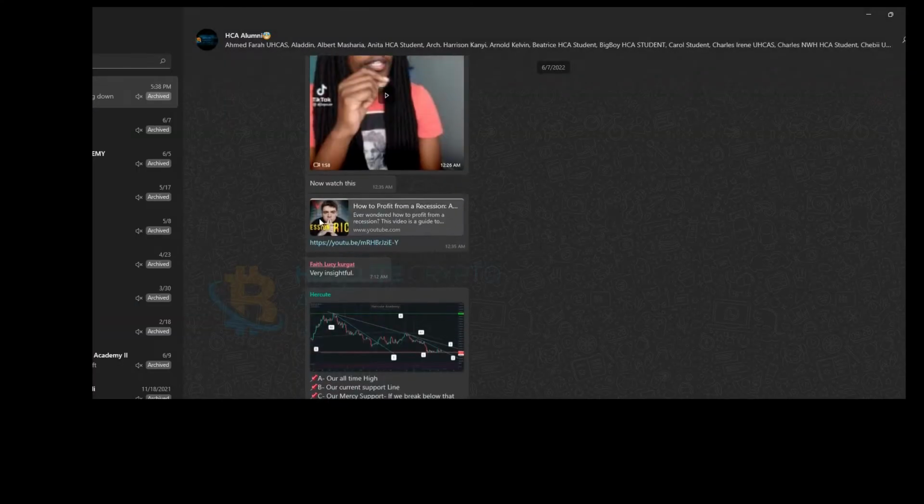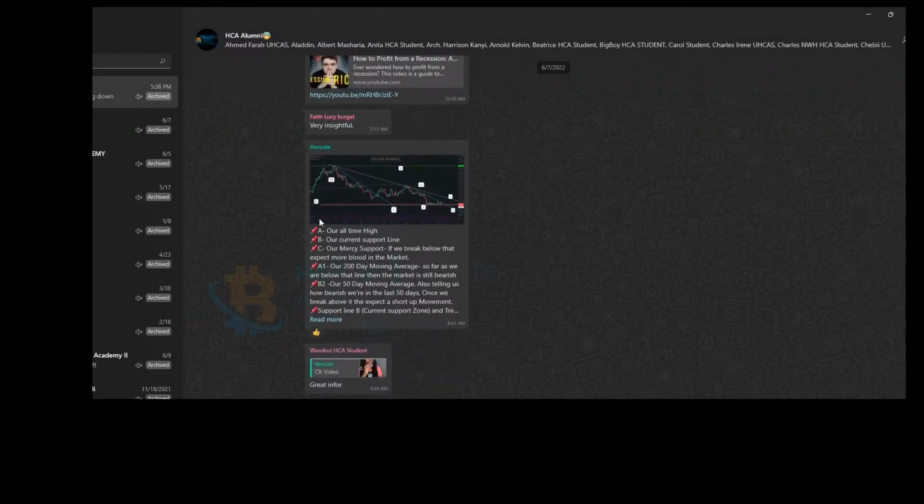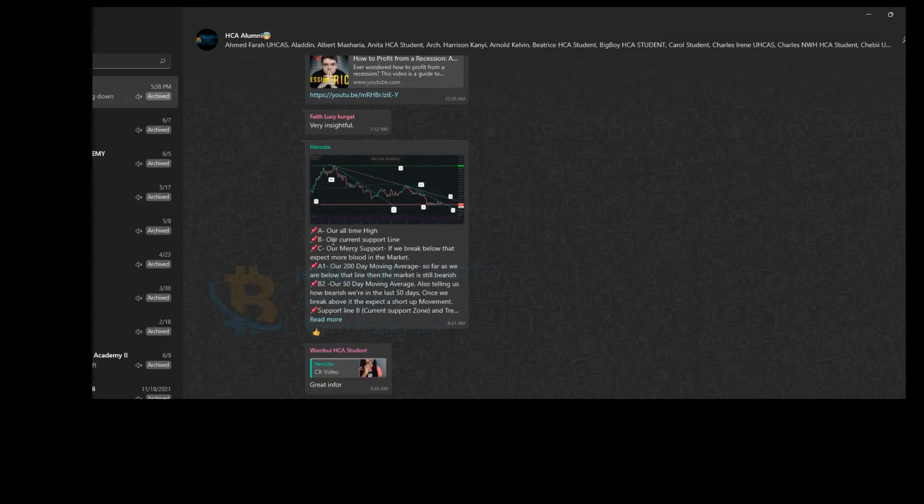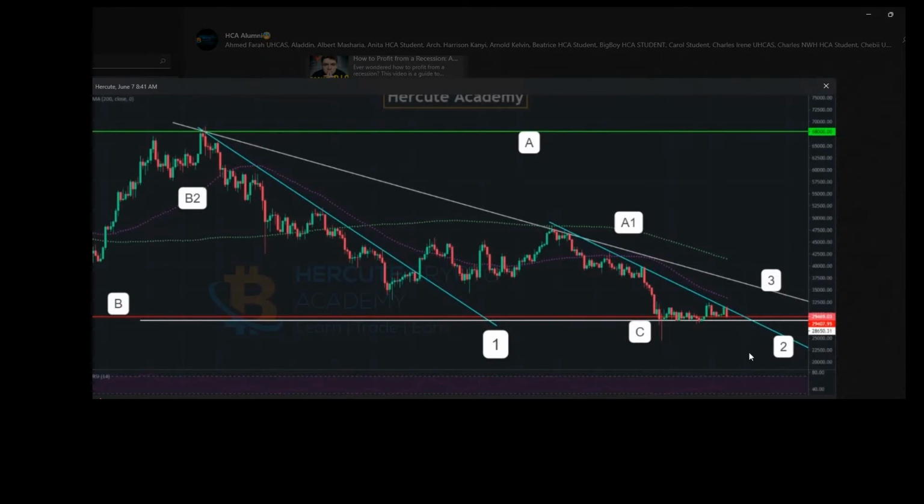This was on the 7th of June. And I told them our line A, which is the green one here, is our all-time high, okay? And our B is our current support line. The B line is this red one here. So that was our support line at that moment.